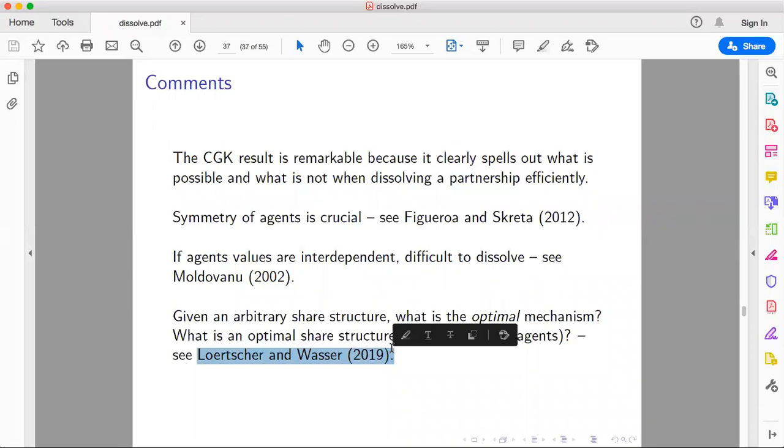suppose I'm a designer and I can design the partnership structure. The distributions may be symmetric, may not be symmetric.